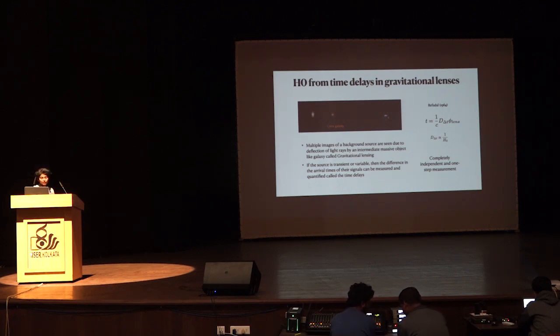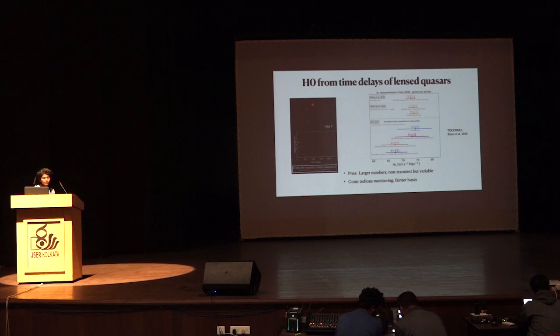So even though Refsdal had lensed supernovae in mind, as luck would have it, there were a lot of lensed quasars that were available, which also show intrinsic variability, and these are good probes for the time delay based cosmology.